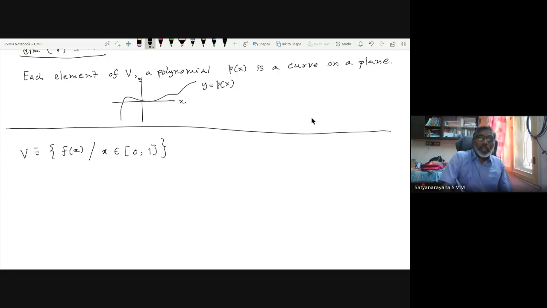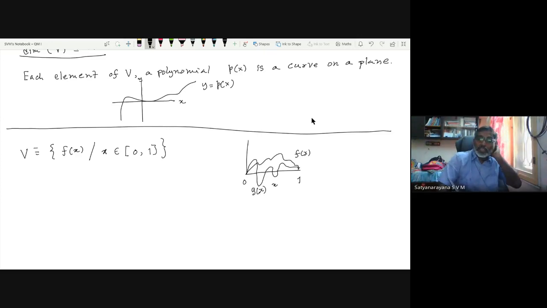That means I have 0 here, 1 here, this is my x, and I can have some function like this, this is my f of x, and I can have another function like this, which may be my g of x.